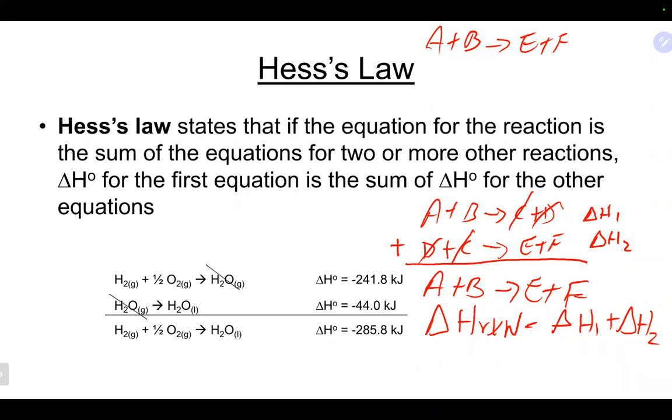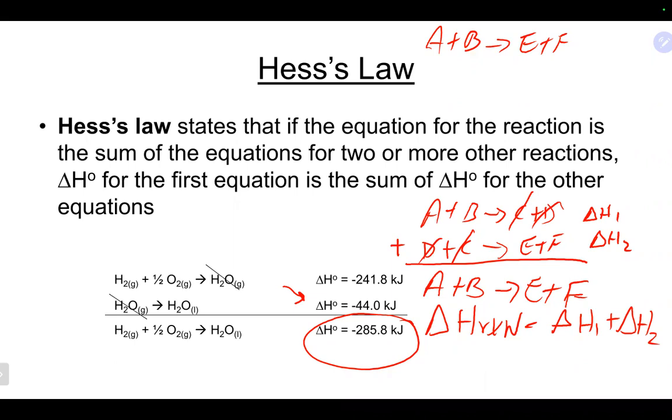The minus 241 and the minus 44 gives us overall for this process a delta H of reaction of minus 286. This is an exothermic process, as the delta H value is overall negative. So overall, this is going to be releasing some energy as this process occurs. Any questions on up there?